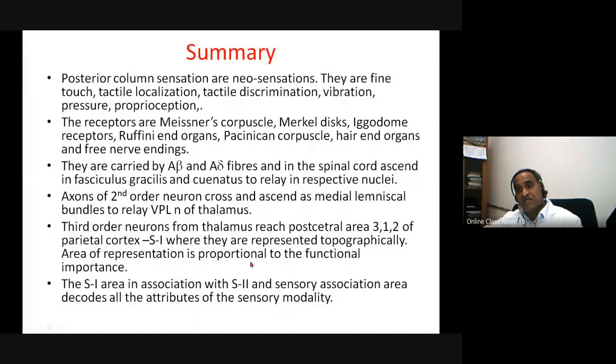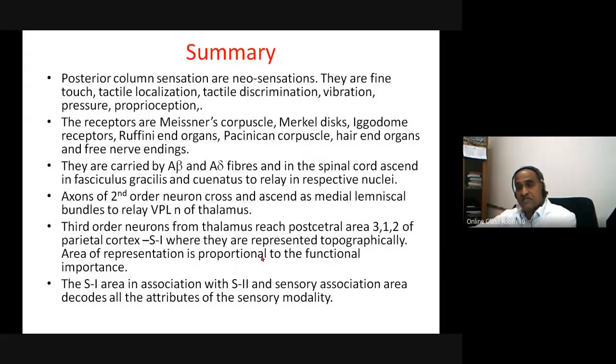The area of representation is proportional to the functional importance of the sensation. Then S1, in association with S2 and the sensory association area, decodes all the attributes of the sensory modality and brings the total picture of the sensation.